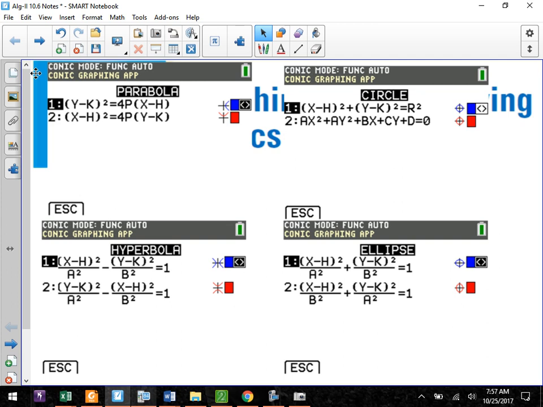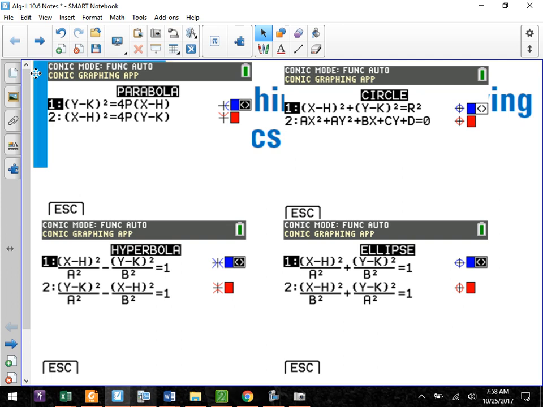Your B value is always going to be the distance from your center to that co-vertex. Your C value will always be the distance from the center to the focus. The only thing that changes now is that our center has moved to an H and a K. So if your center is located at 2, 3, that means your H is 2, your K is 3. The X minus 2, Y minus 3, and so on.